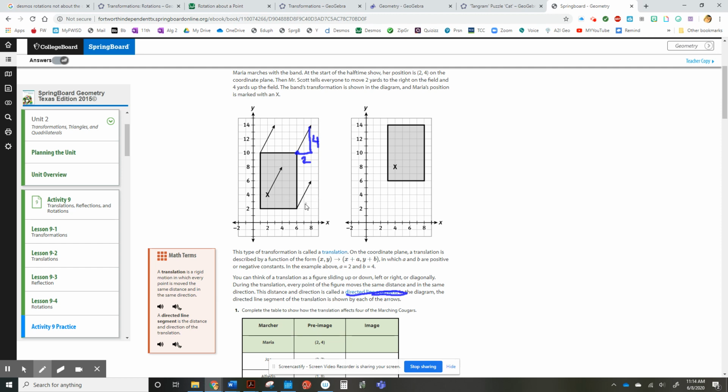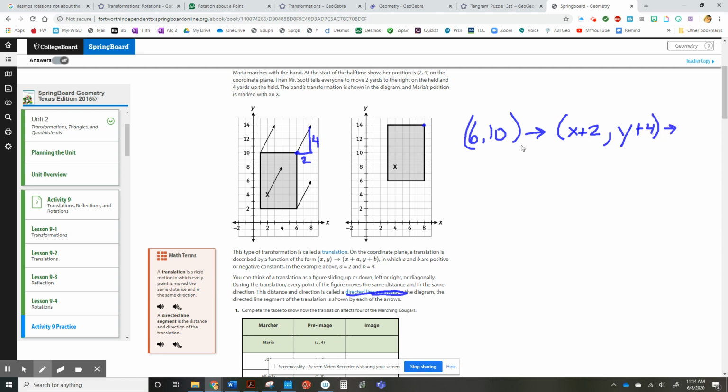So that's what they did. You take this point right here. It was at (6, 10). You go to the right 2 and you go up 4, and it ends up at the new point. So it was at (6, 10), and then we want it to go to the right 2, and they want us to go up 4.